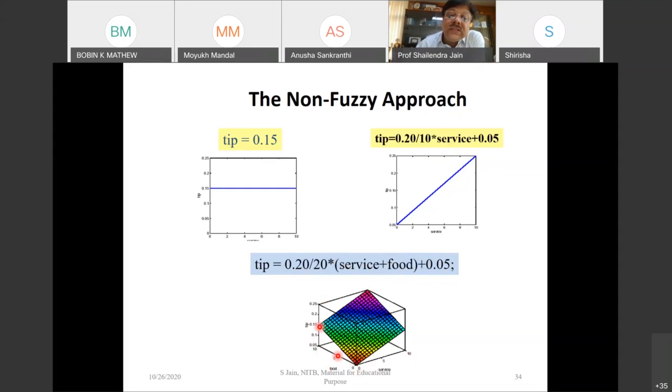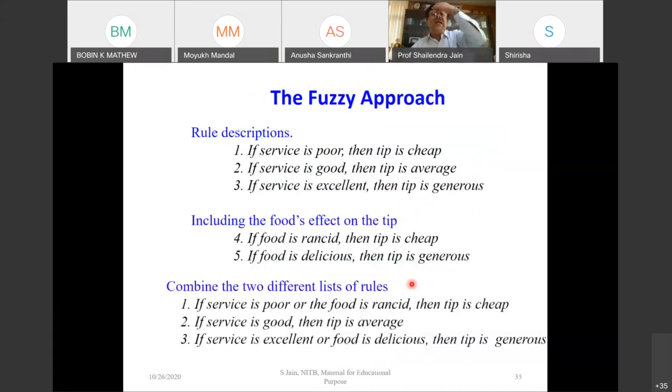So now this is the surface based on the different combinations of input. If your service is say 9 points, and your food quality is say 3 points, somewhere here will be your tip. So with this particular formula, which was a straightforward decision has become a very complex decision, how much tip has to be given.